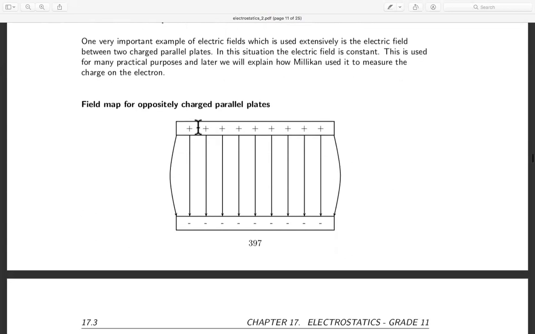So when we have two plates with positive and negative, the field goes out from the positive and into the negative.